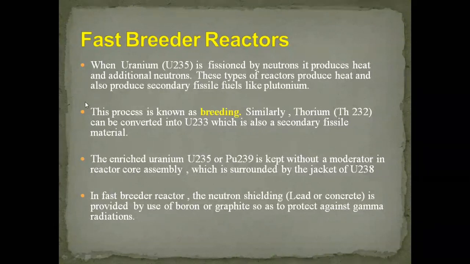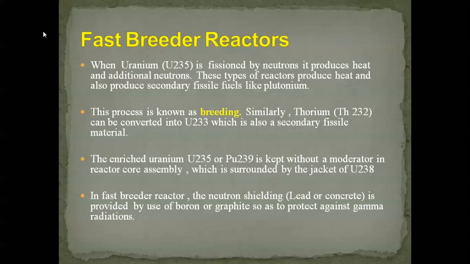Such a process is called breeding. Similarly, thorium 232 can be converted into uranium 233, which is itself a secondary fissile fuel. Sorry, the uranium 235 or plutonium 239 is kept without a moderator in a reactor.